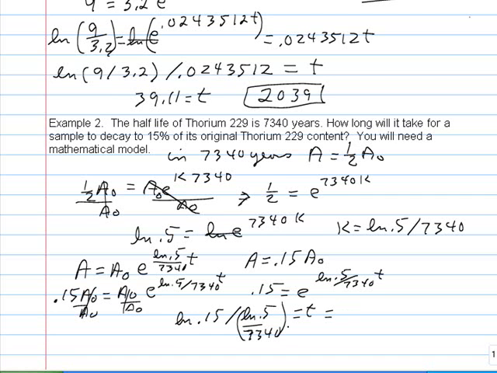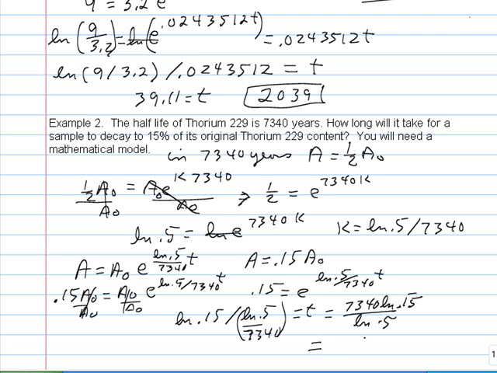So I'm going to invert that fraction, so I'm going to have 7340 times the log of 0.15 over the log of 0.5.